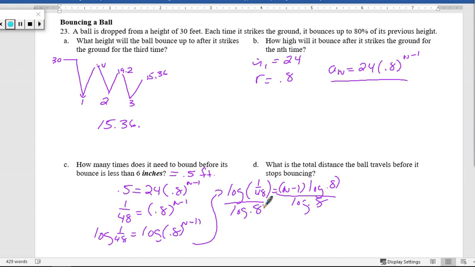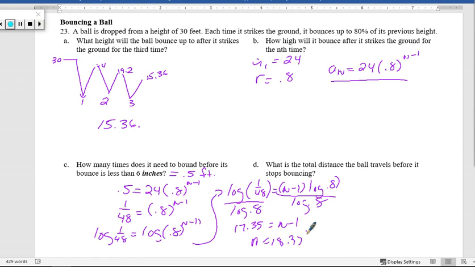We do get a numeric value over here. We get 17.35 is equal to n minus 1. Adding that 1 over, it's going to be 18 times. It'll take 18 times for it to get to be about 18.35 exactly, to be that n value that we're looking for.